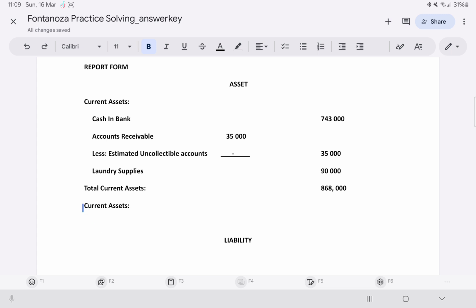Okay, so these are non-current assets, which are long-term investments of the business owner. Under non-current assets, we have property and equipment.